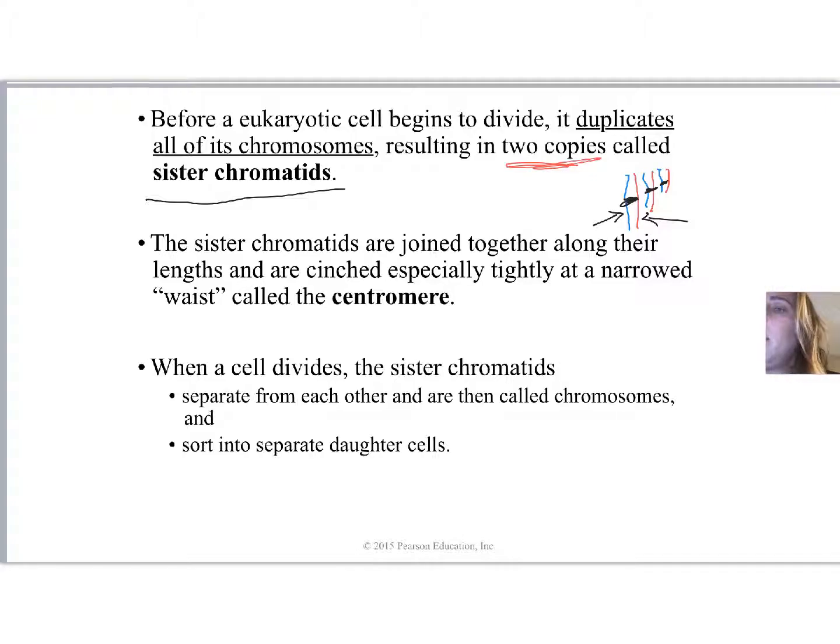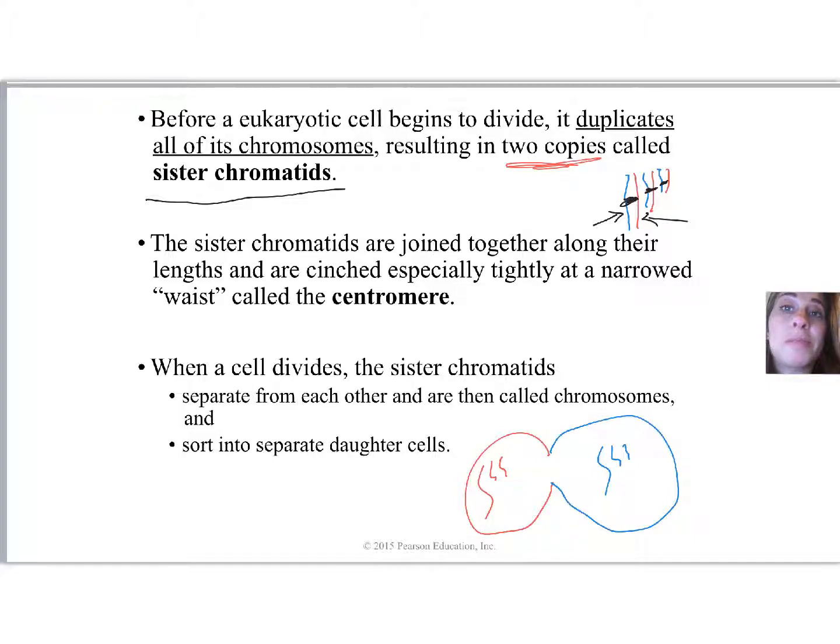When a cell divides, these sister chromatids separate from each other, because they're going to go into new cells anyway. So you have cell A and cell B starting to divide, and that means you'll have a copy of each one of the chromosomes for the new baby cells. That's how that operates, because you can't have a viable cell that's going to survive if it doesn't have a complete genome, right? Okay.